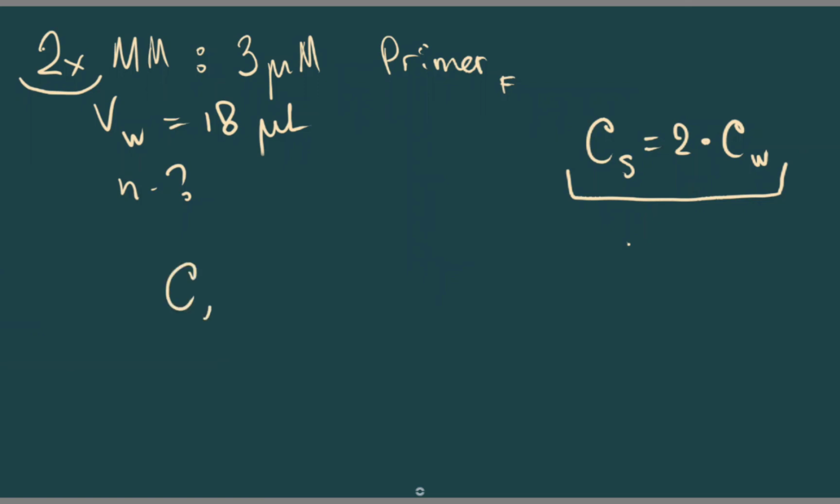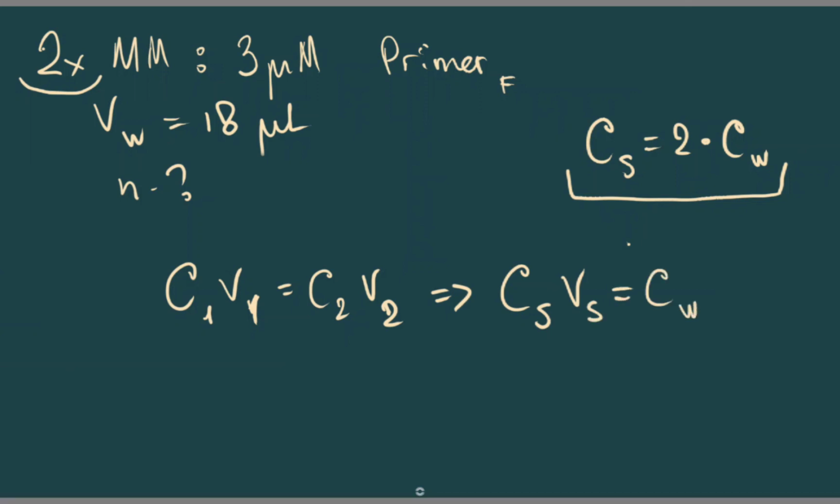So our formula was C1V1 equals C2V2, or C stock, volume stock, equals concentration working, volume working. From this we know C stock, and we know the working volume, and we can find it.